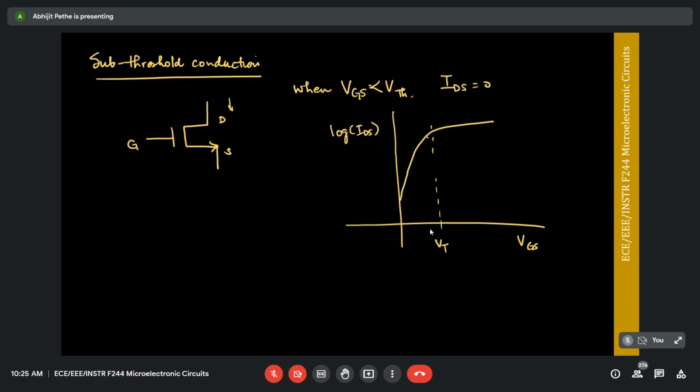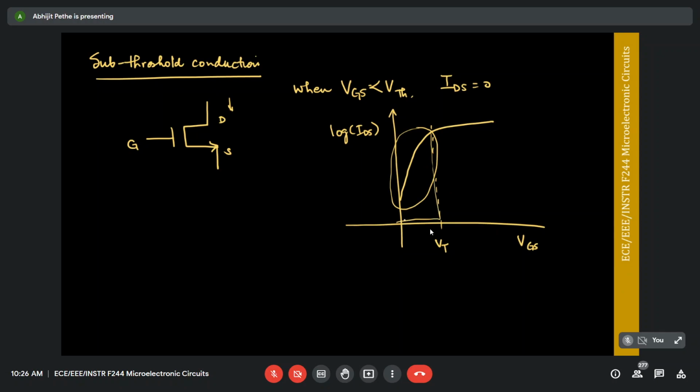That is, the current IDS drops exponentially as you reduce the voltage from VT all the way down to 0. And beyond VT, you know the model. It's either a square law or a linear relationship, right? In reality, we're just modeling this as a step function here.